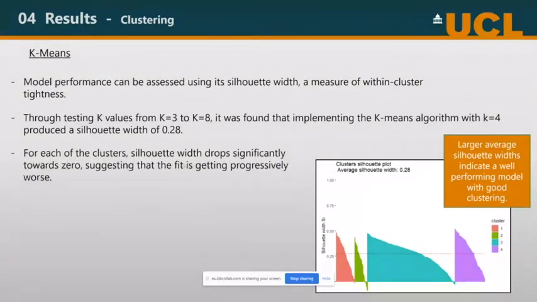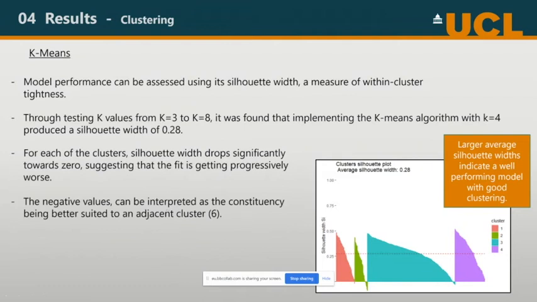But as you can see from the graph, the silhouette width drops from an acceptable value of about 0.5 and gets progressively worse as you go through the constituencies. That suggests that the fit is getting progressively worse, because we would want to be looking for larger silhouette widths to indicate a good fitting model. Also, we found some negative values, and they can be interpreted as the constituency being classified being more suited to an adjacent cluster.